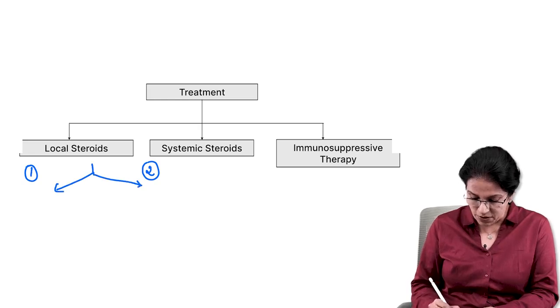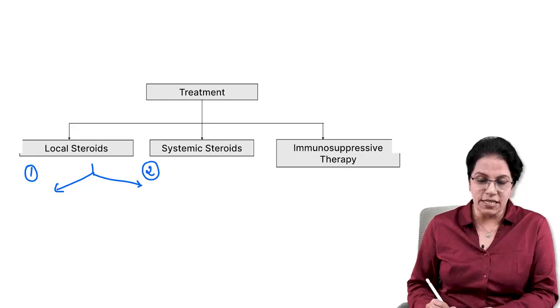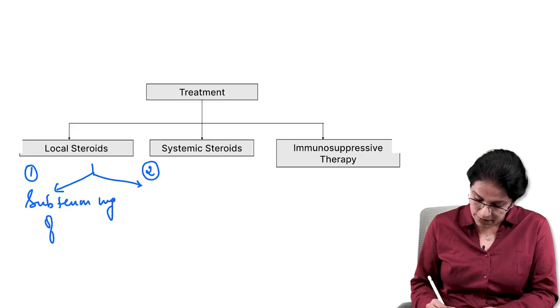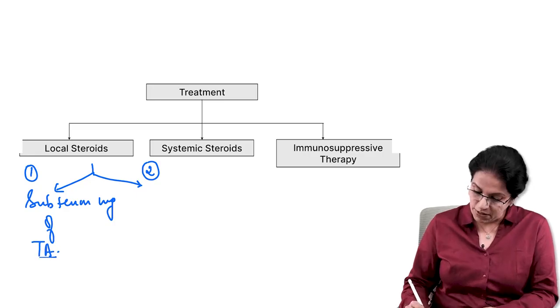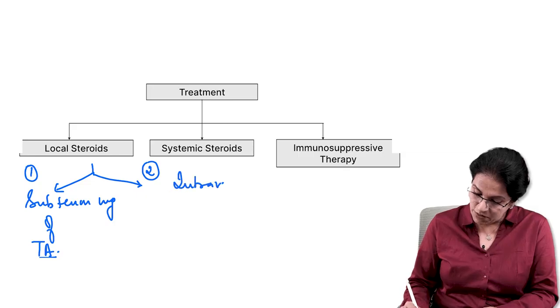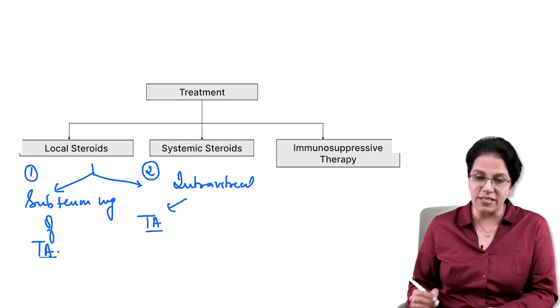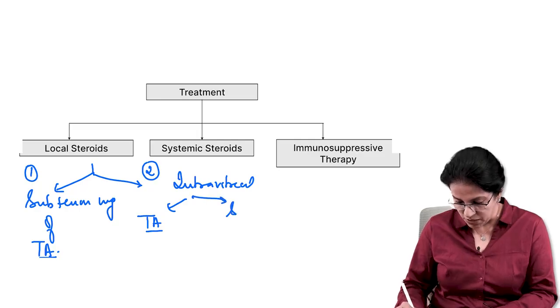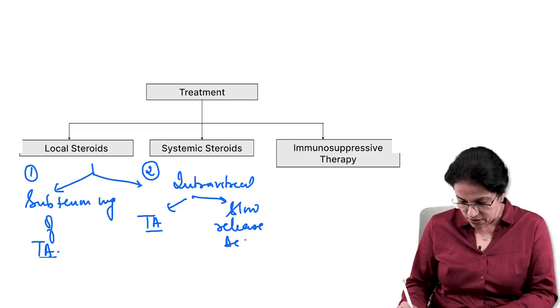Either we are going for intravitreal injection or subtenon injection. If I give subtenon injection, I am going to give subtenon injection of triamcinolone acetate. TA is triamcinolone acetate. And if I talk about intravitreal, either I go for triamcinolone acetate, but as I explained to you all, there can be marked rise of IOP. So, we can go for dexamethasone, slow release dexamethasone intravitreal. Okay. So, these are your local causes.